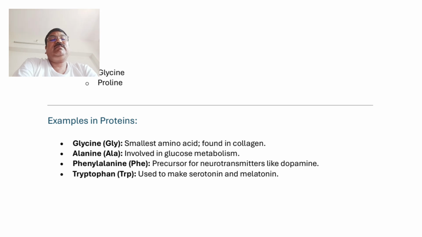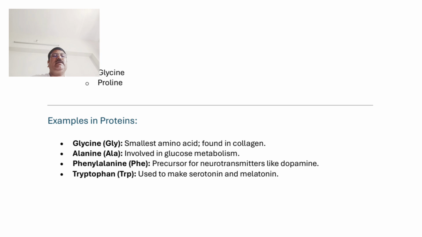Alanine is involved in glucose metabolism. Phenylalanine is an important precursor of neurotransmitters like dopamine. Do you know what the role of dopamine is? Dopamine is released at the time of joy, enjoyment, and relief.